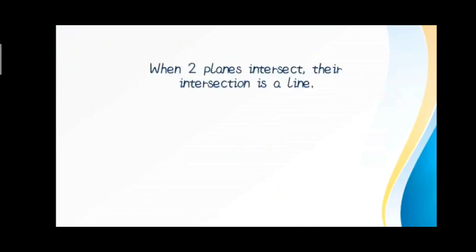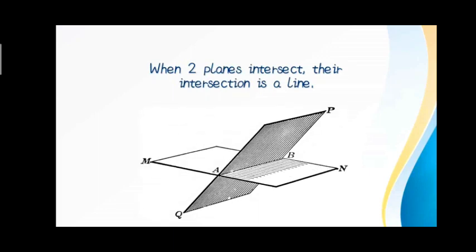Let's take another example. What if two planes intersect? Then their intersection is a line. We can see here, the shaded plane intersects the unshaded plane at line AB, right? Now another example.